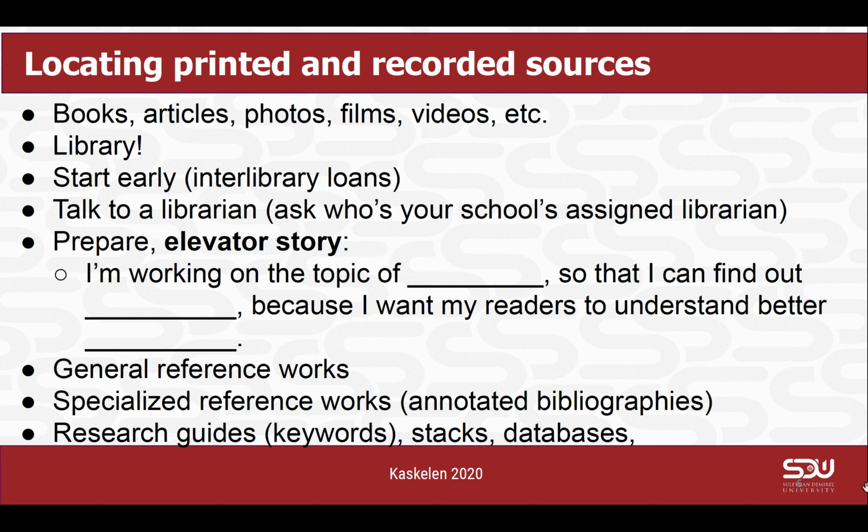Next, you could go to specialized reference works, and those range from very specific, very specialized handbooks to some sort of references. They could be published sometimes as annotated bibliographies. I think the University of Oxford has a series of annotated bibliographies, and your library might have access to them. Check them out.